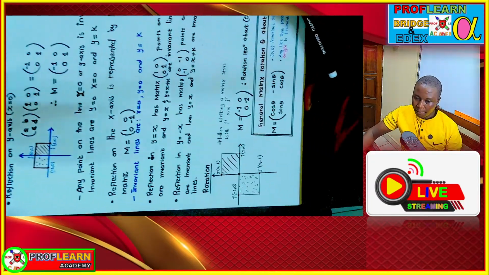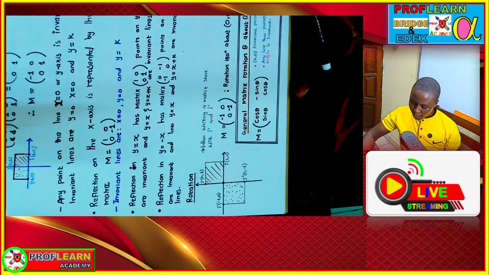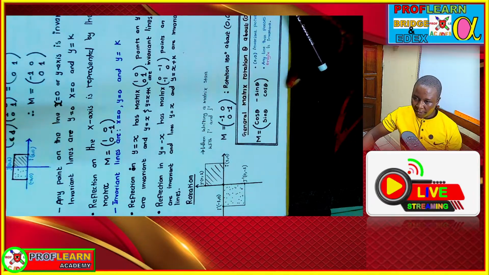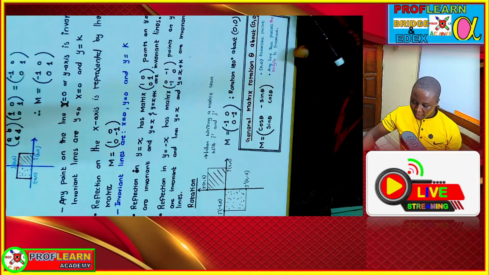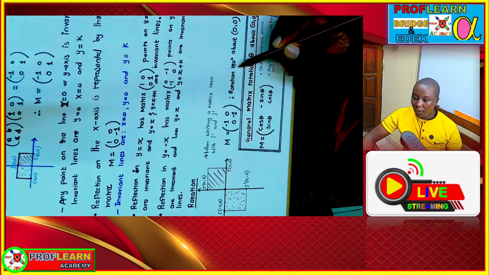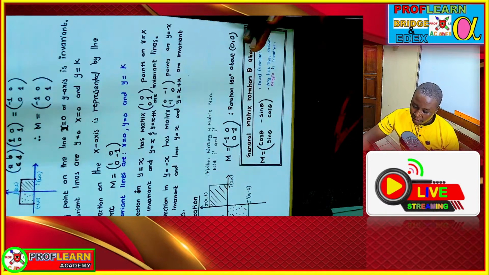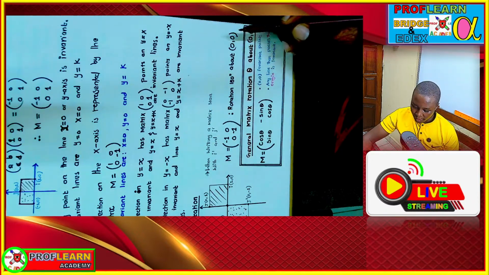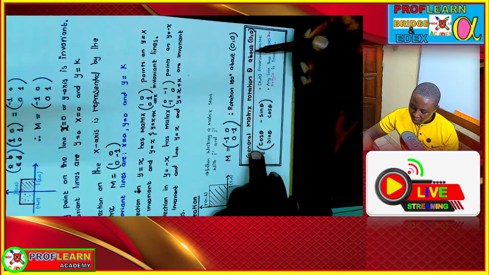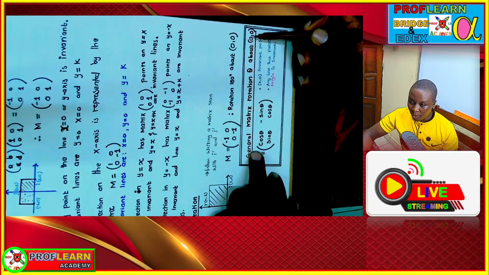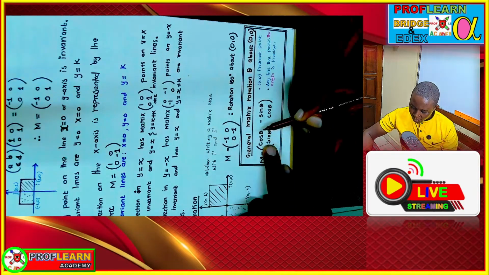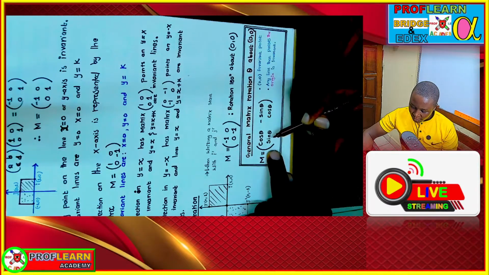Now, when we are talking about rotation, remember, it can be defined in terms of the angle of rotation, and also in terms of which point you are rotating about. So in general, the matrix of rotation of angle theta about the origin is going to be cos theta, negative sine theta, sine theta, cos theta.